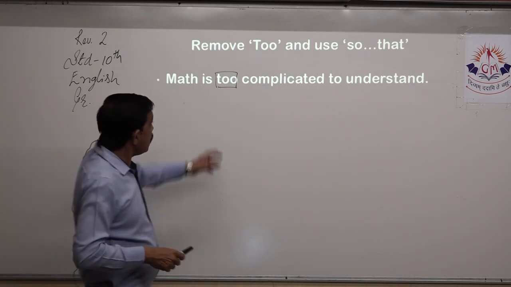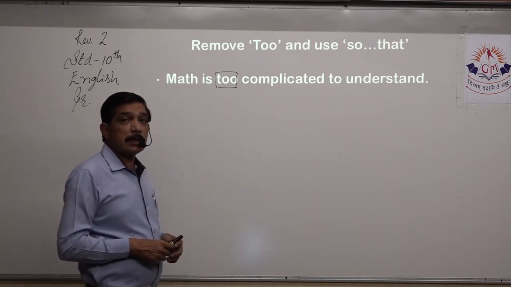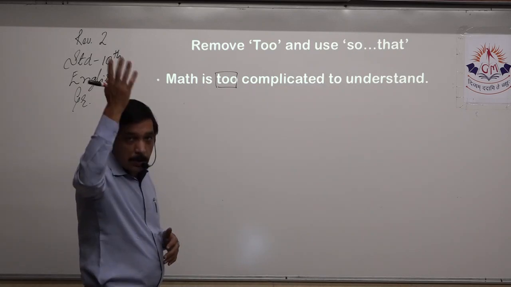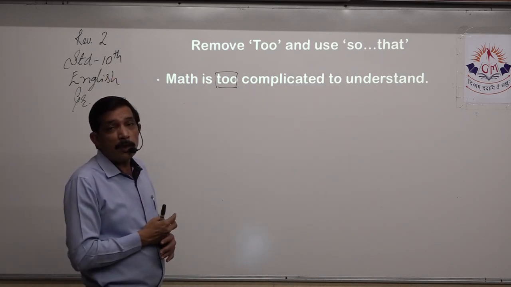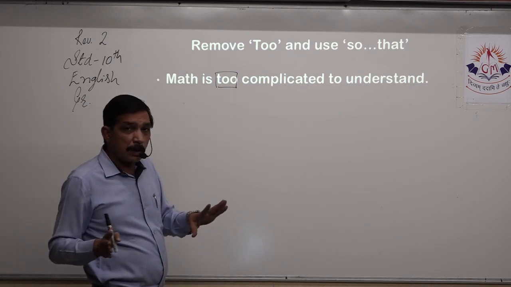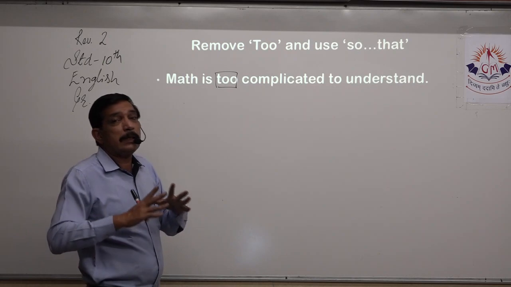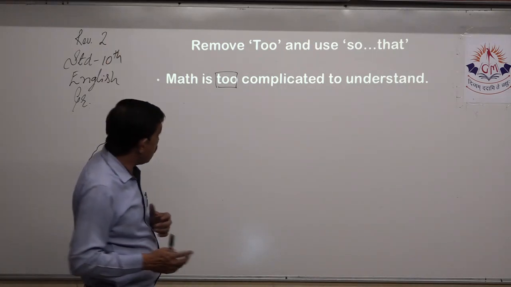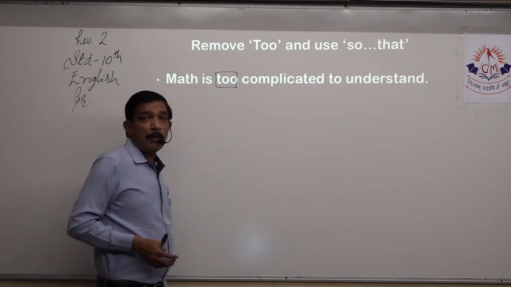So to is very essential in this sentence because it tells us how much difficulty we face in understanding math. Otherwise we just face difficulty. But when we use to, we tell the person how much difficulty we face.